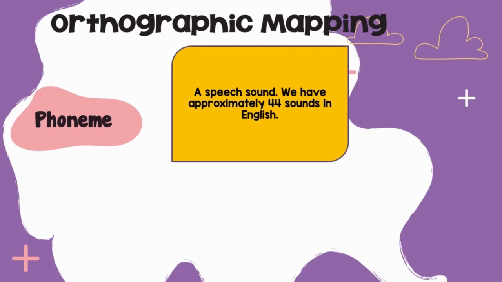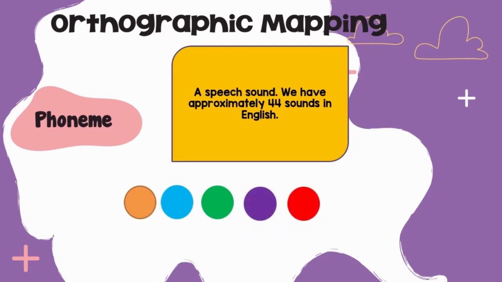So if I wanted to map the phonemes in a word like shouted, I would use colored markers like this. Sh, ow, t, d, shouted. Those are our phonemes, our sounds. We have 5 sounds in the word shouted.